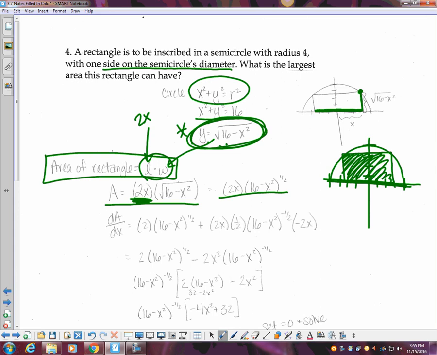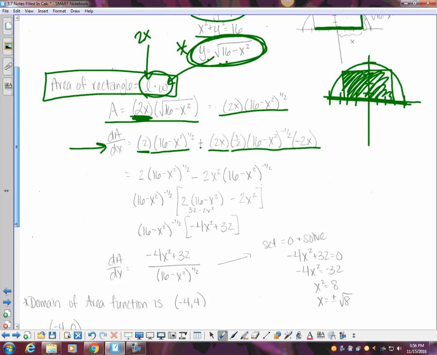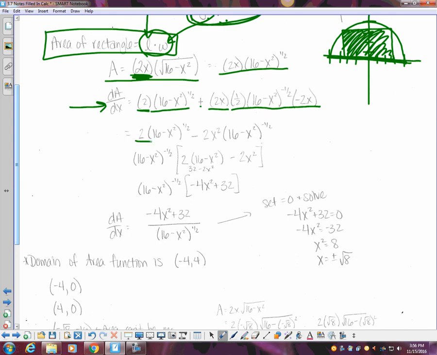I rewrote it like this because I know I'm about to differentiate it. I went dA over dx, derivative of the first, leave the second alone, plus leave the first alone, derivative of the second, and it's a chain rule. Be careful there. Then I left him alone and cleaned up all my littles.